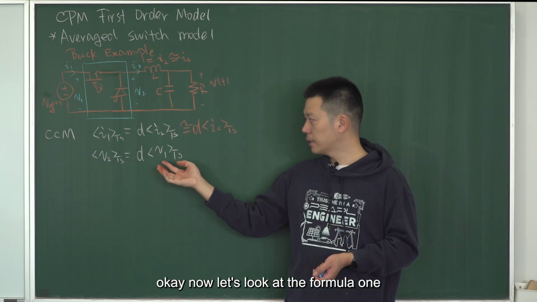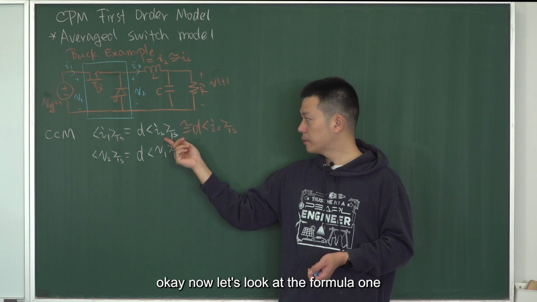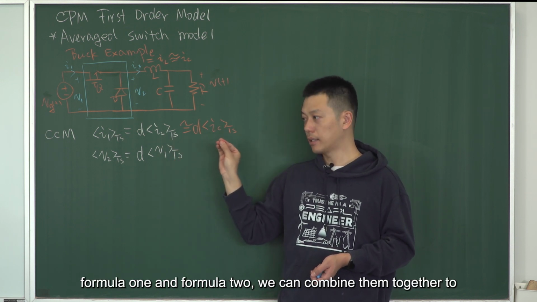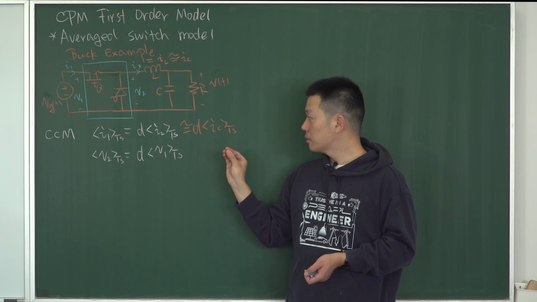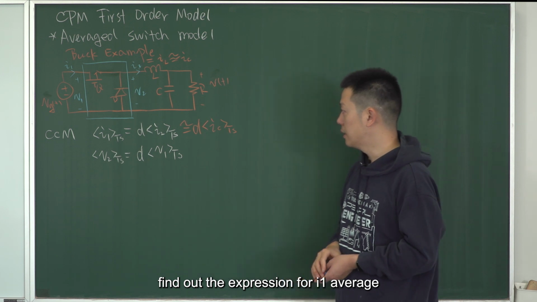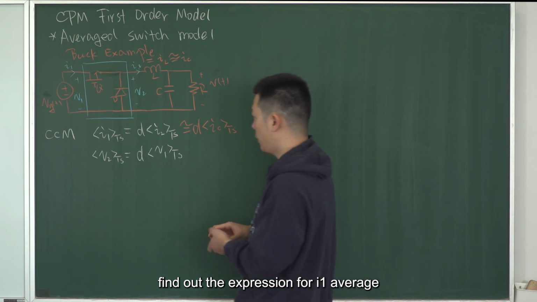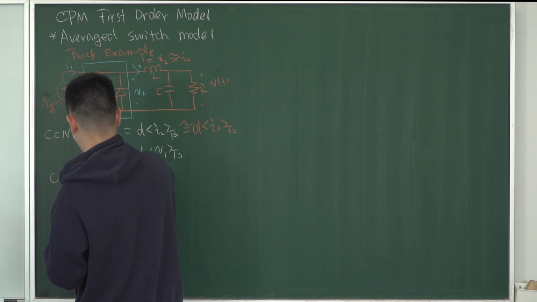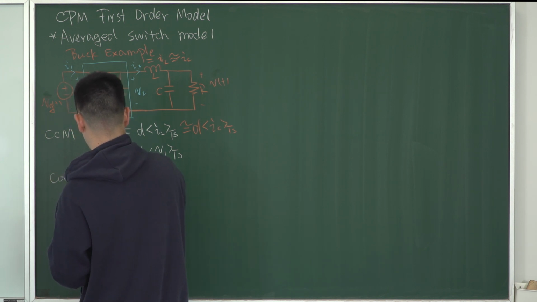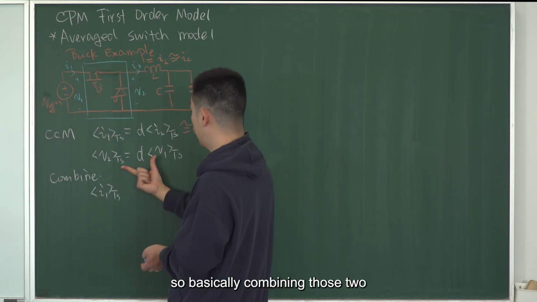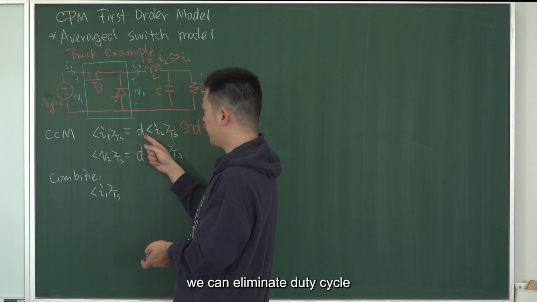Okay, now let's look at Formula 1 and Formula 2. We can combine them together to find the expression for I1 average. Basically, combining those two, we can eliminate duty cycle, right?